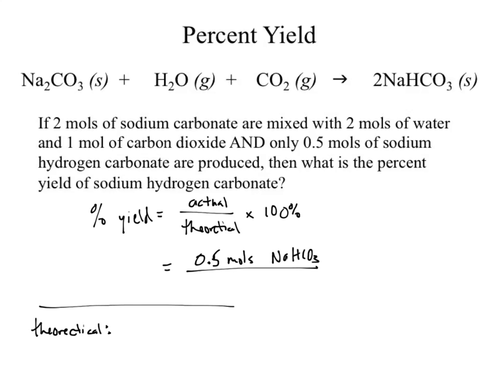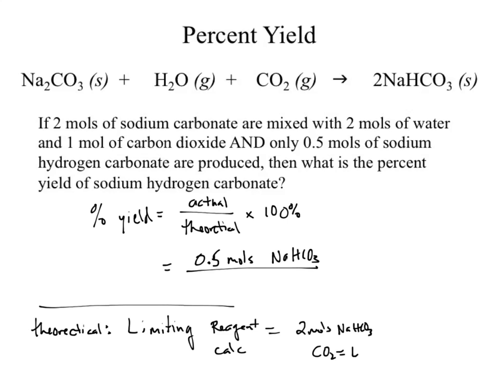Our theoretical yield comes from doing a limiting reagent calculation. That limiting reagent calculation we just did a couple slides back. And that result was that we generated 2 moles of our sodium hydrogen carbonate. Because what was our limiting reagent?